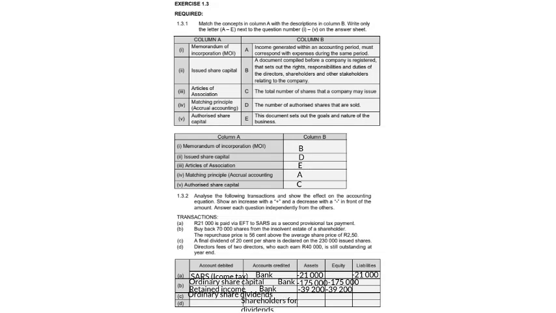And it's going to be minus 46,000 in equity and plus 46,000 in your liabilities. How did I get the 46,000? It's the 230,000 issued shares times 20 cents. So in your owner's equity, negative 46,000. And in liabilities, positive 46,000.